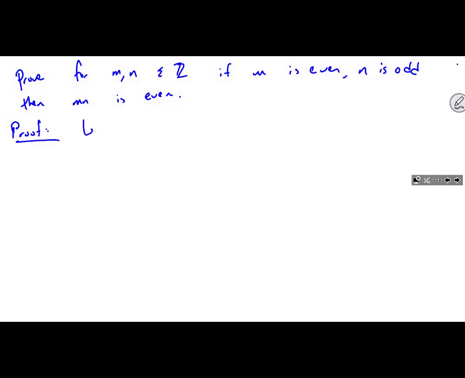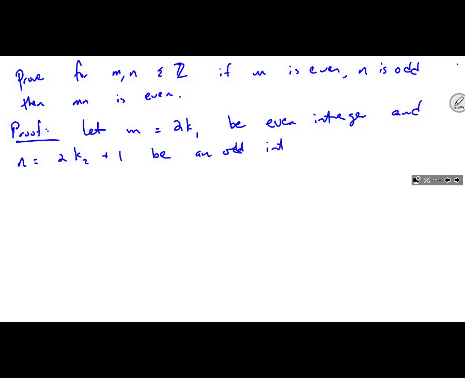So prove. Let m, which would be some 2k1, be an even integer, and n, which I'm going to write as 2k2 plus 1, be an odd integer.